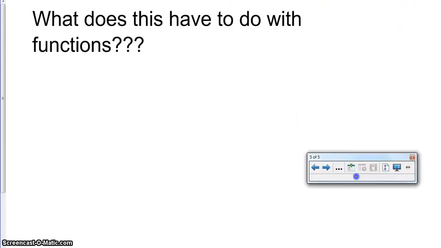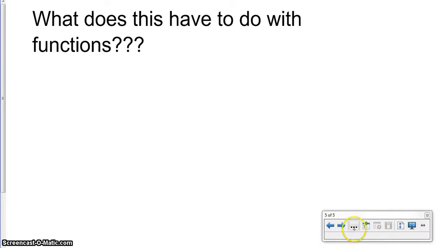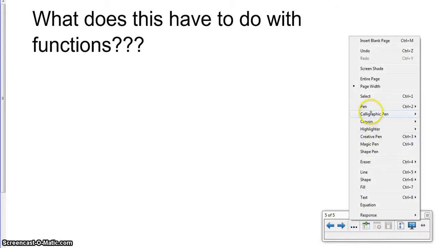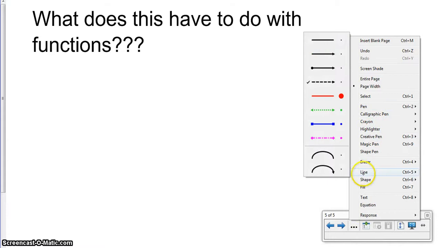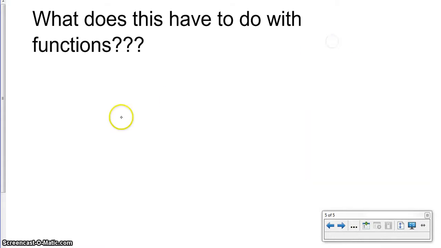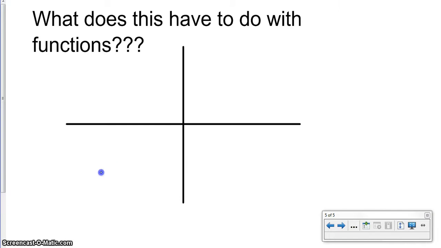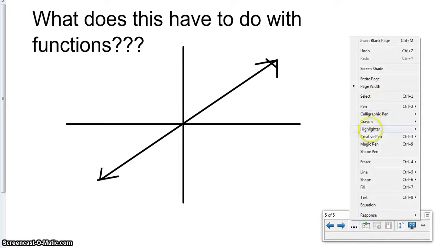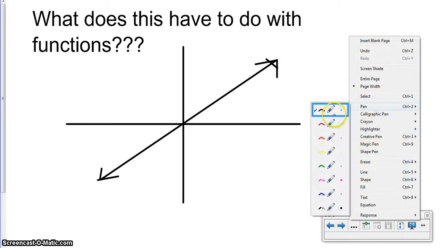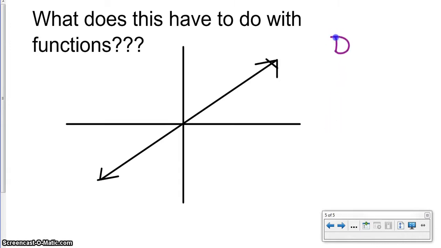Oh, Mrs. Rose, my head is swimming. But what does this have to do with functions? Mrs. Rose, I'm so confused. Well, ladies and gentlemen, it's not really about how to confuse you. It's about this. Mrs. Rose draws you a linear function. And I say to you, ladies and gentlemen, what is the domain of this function?